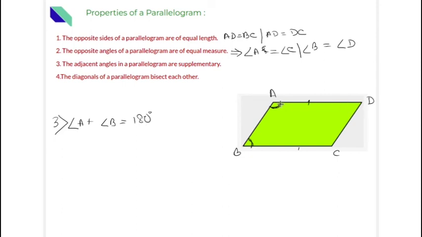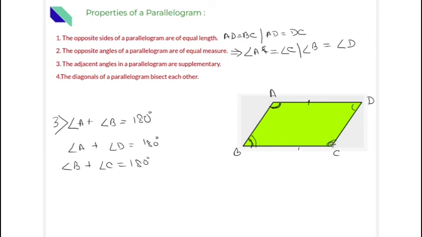Angle D is also adjacent to angle A, so we write angle A plus angle D equals 180 degrees. Angle B is adjacent to angle A, already written, no need to write it again. Angle B is adjacent to angle C as well, so angle B plus angle C equals 180 degrees. They are supplementary, meaning their sum is 180 degrees.